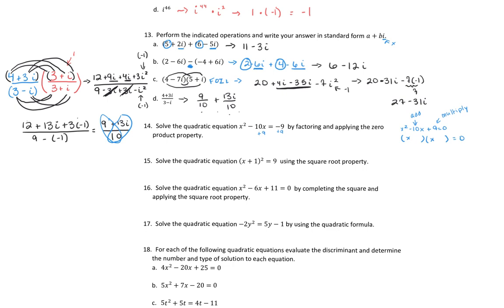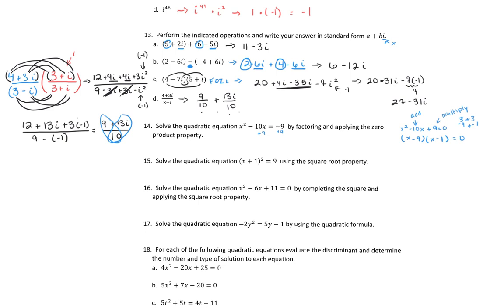So two numbers that would multiply to a positive 9 would be 3 and 3, but if you add 3 and 3, you do not get negative 10. So let's try different numbers. What about a negative 9 and a negative 1? Negative 9 times negative 1 gives you a positive 9, and negative 9 plus a negative 1 gives you a negative 10. So those two will work, and we just plug those into there in our factored form.